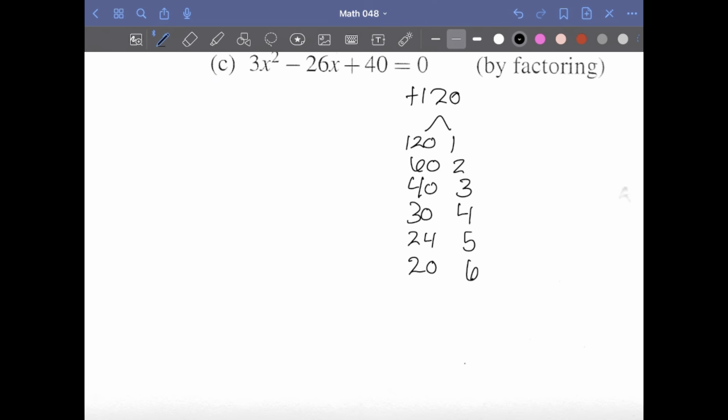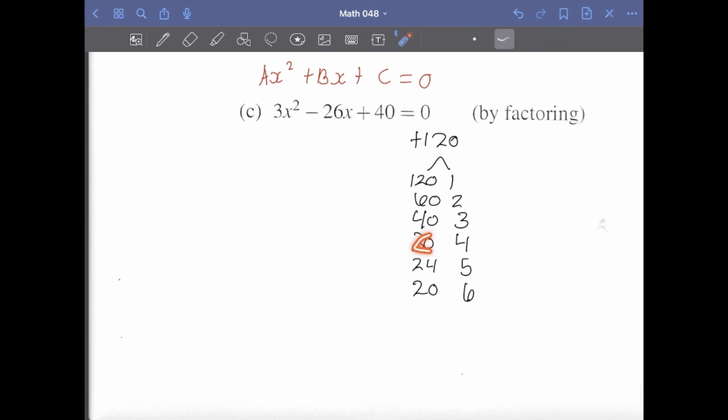So, alright, we're not going to use 30 and 4 because let's say we use negative 30 and positive 4, right? When you multiply these two, you get negative 120. We need positive 120. So just because they add up to negative 26, that doesn't mean we're using them. They have to add up to negative 26, but they also have to multiply to get a times c, and our a times c is 120.